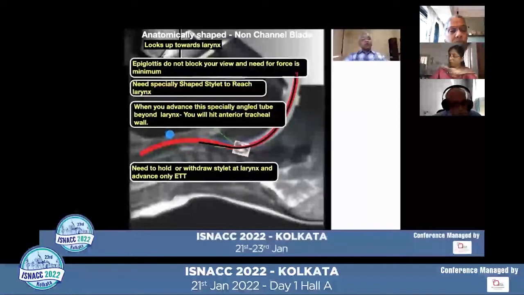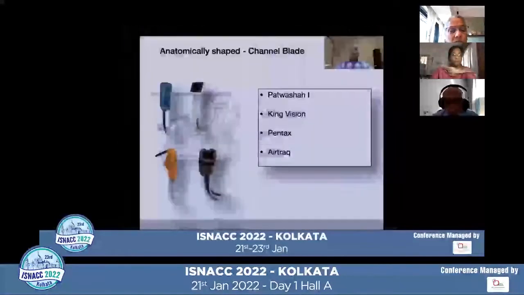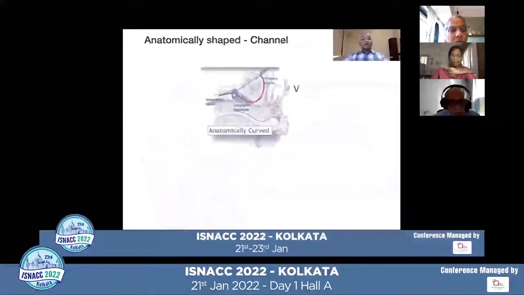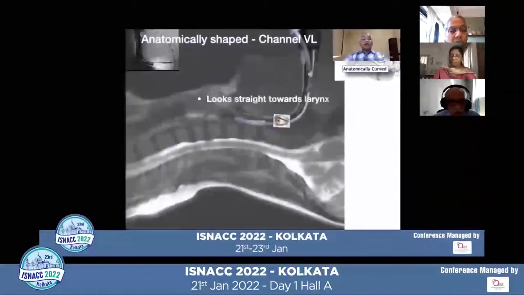So these are the 4 important points which you must understand to intubate with an anatomically shaped hyperangulated non-channel blade. Now, anatomically shaped channel video laryngoscopes, as already discussed, look straight and the tip is not pointing towards the vallecula, it is pointing towards the laryngeal opening.